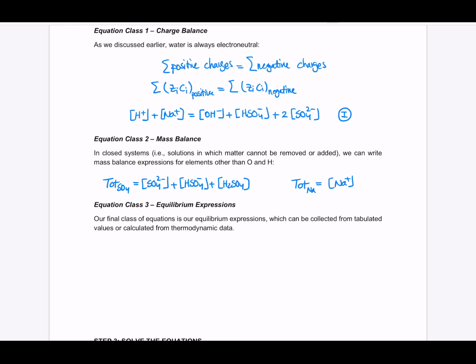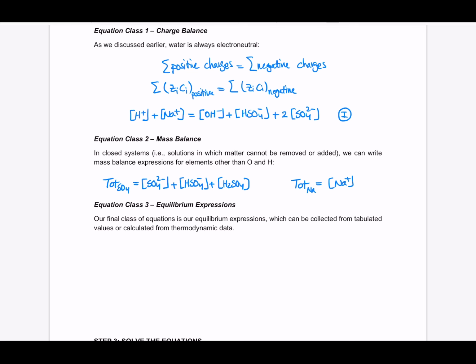Here, each molecule is bringing 1 unit of sodium, this molecule is also bringing 1 unit, and this molecule is bringing 1 unit of sodium. So the prefactor is always 1. Whatever you have in the system at any point in equilibrium, the combination of all 3 would be equal to the total amount of sodium that was added. Okay?